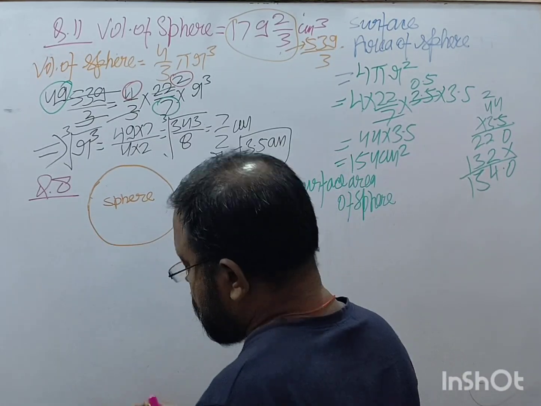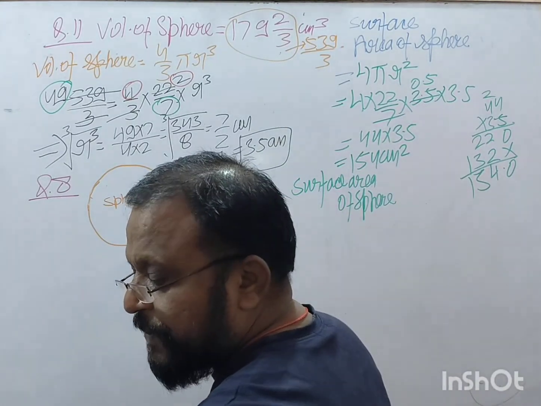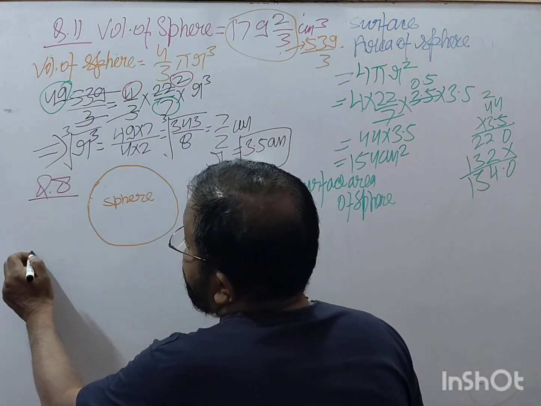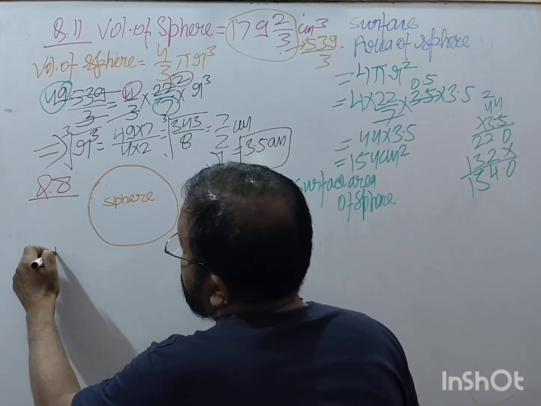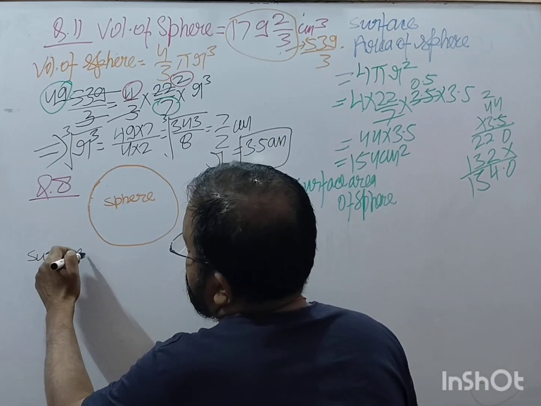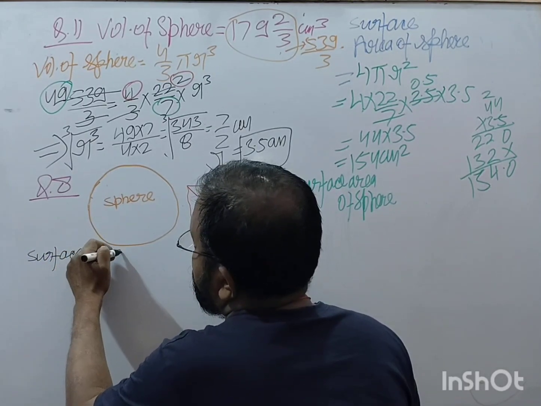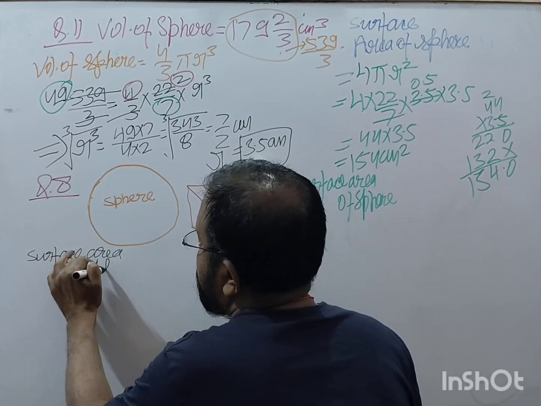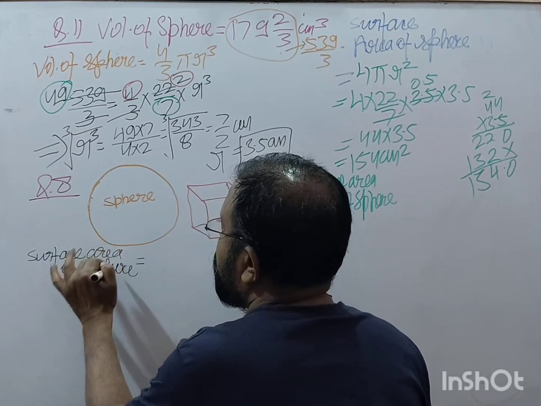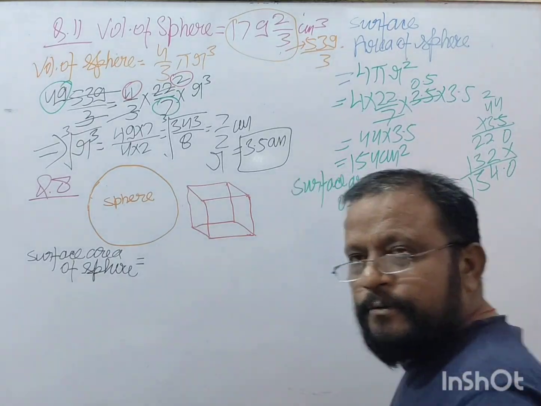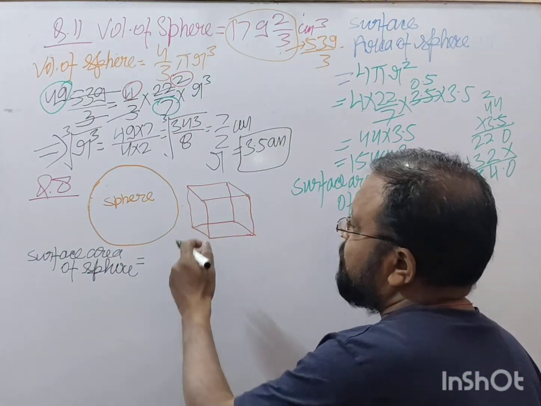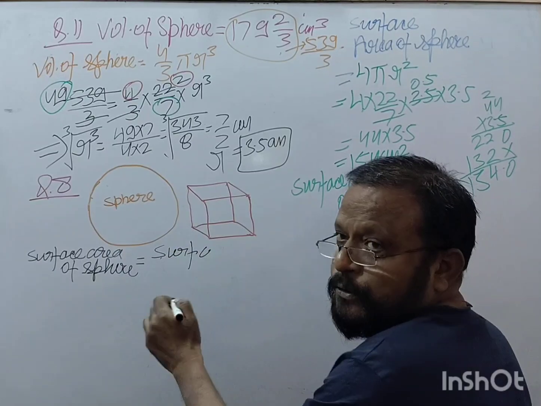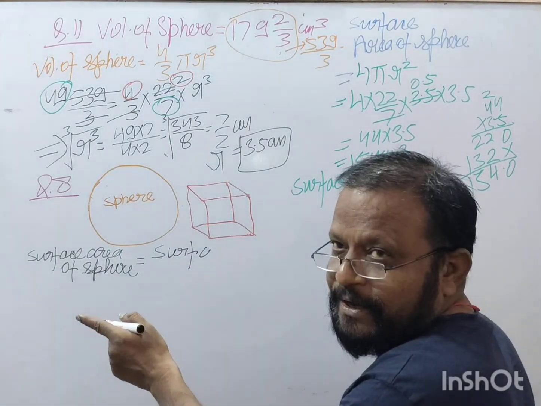Right? So, it is given you surface area of sphere is equal to surface area of, total surface area or surface area?